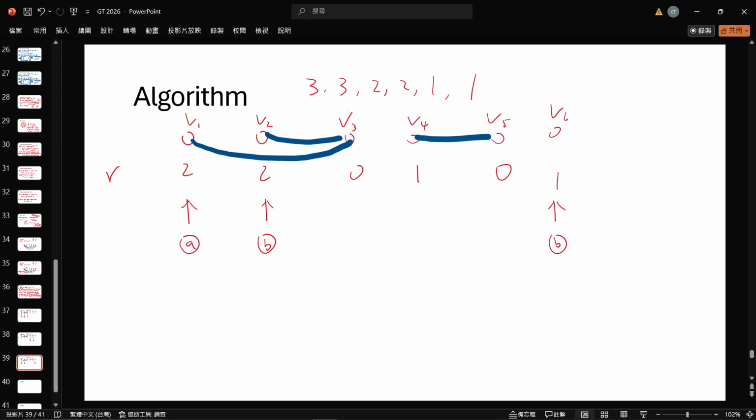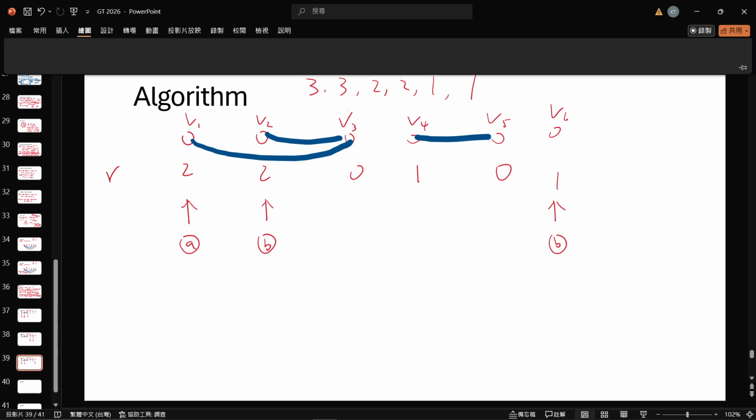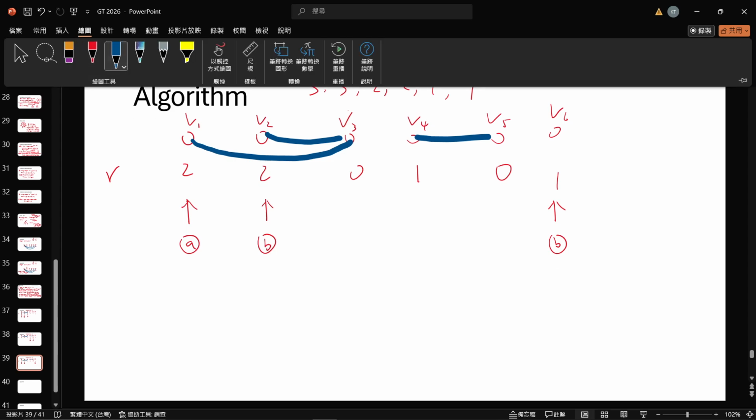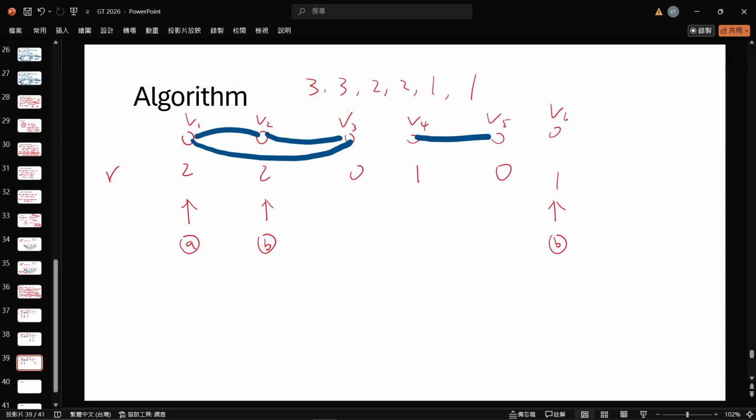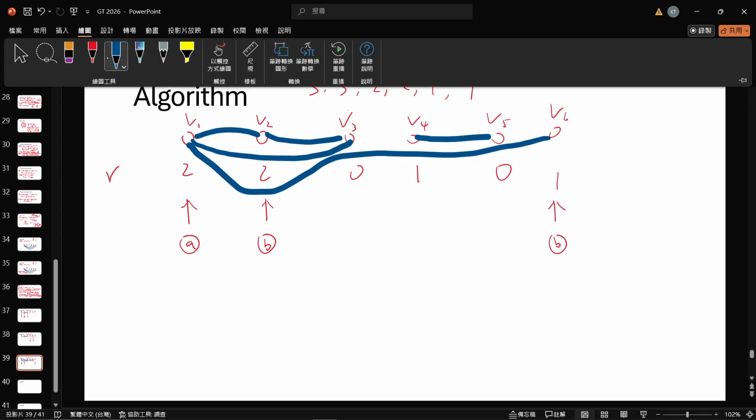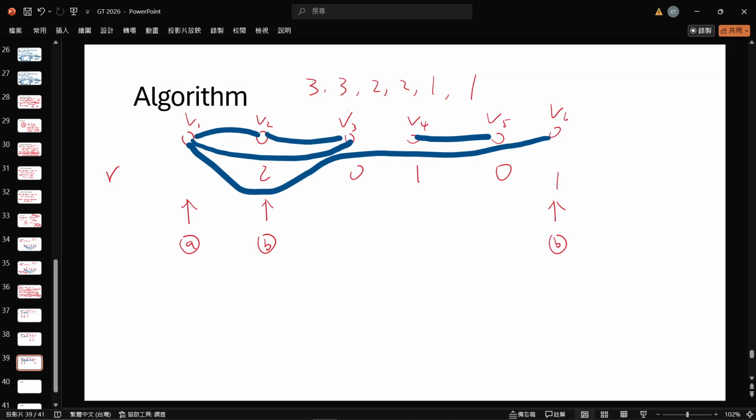So we will add 2 edges, and then we update the degree. So this concludes this round.